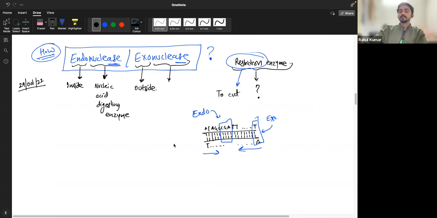No? Okay. So what do we need to cut out a gene? We need these endonucleases, right? Endonuclease and exonuclease are called restriction enzymes because they cut the DNA. They are also known as molecular scissors.